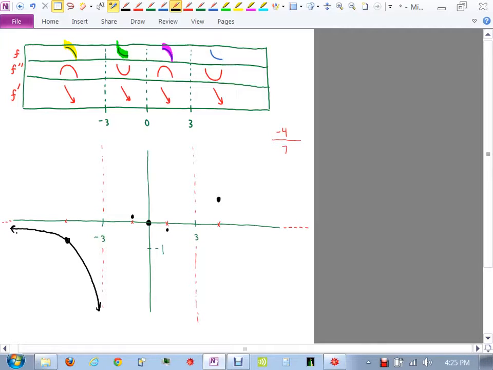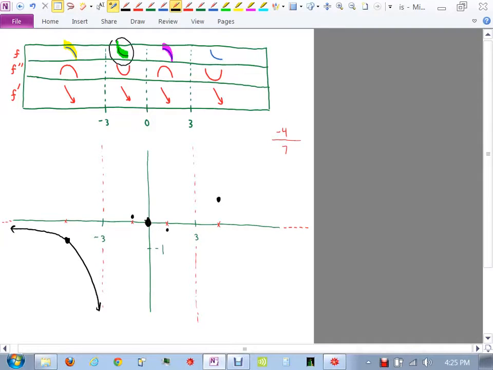Does that look like the right side of a frown, pretty much? What about from the origin, out to the left, out this way, right? It's got to look like the left side of a smile.